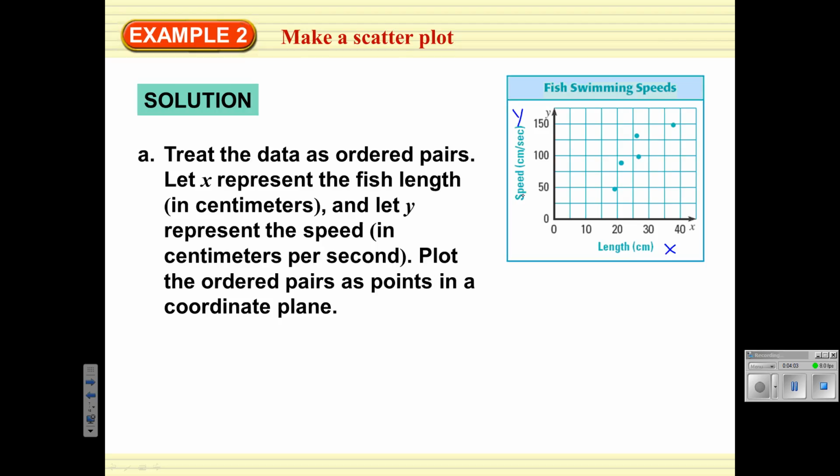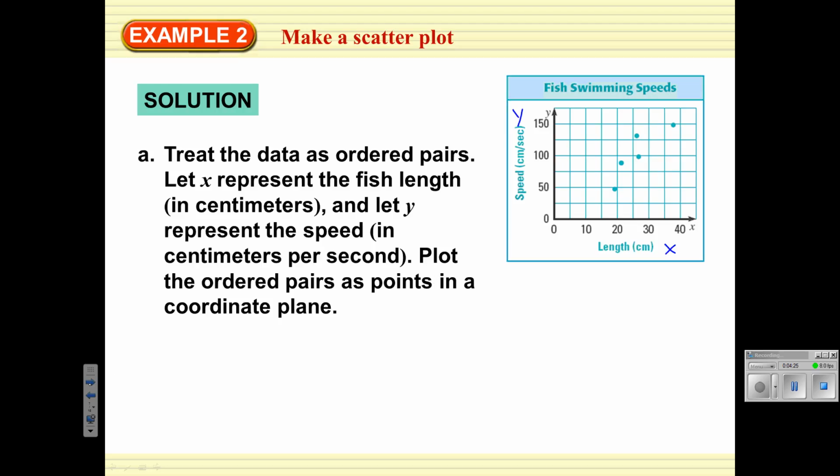That's kind of our question. Obviously, the faster a fish is would not mean it's going to grow longer. So length might determine speed, whereas speed is not going to determine how long or short a fish grows. So always remember, this is the independent variable while this is the dependent variable.